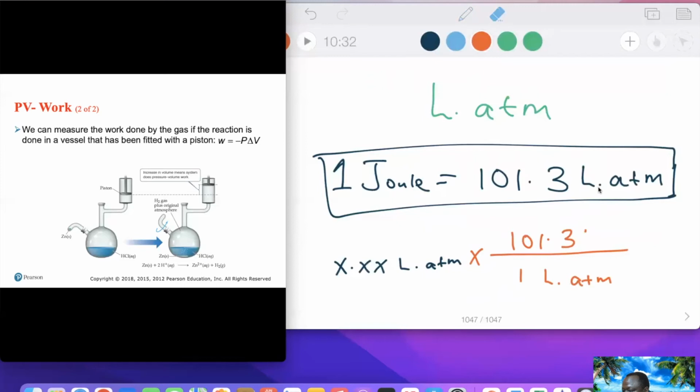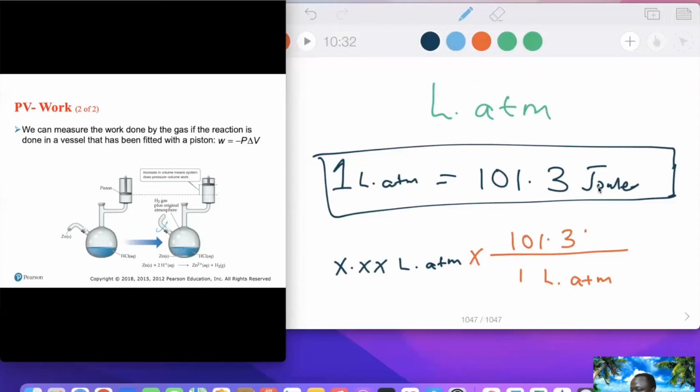I'm sorry, this should be joules right here, and this should be liters times atmosphere.